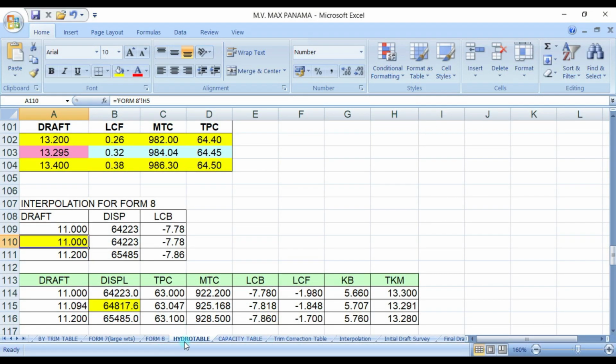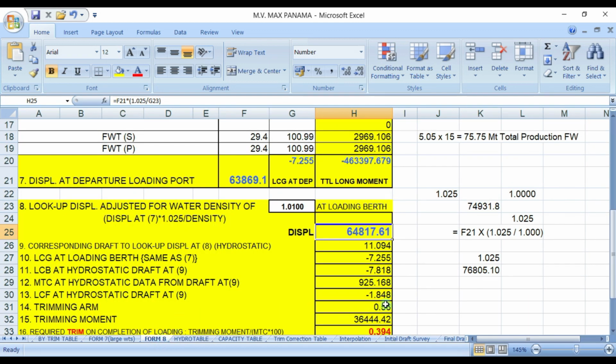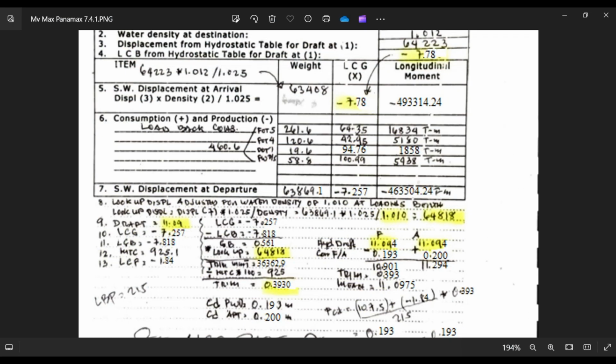So how to get this trimming arm is this LCG minus your LCB. This will be your trimming arm, and this trimming moment will be trimming arm times your displacement here. You will have a trimming moment of 36442. We have 36442 here.